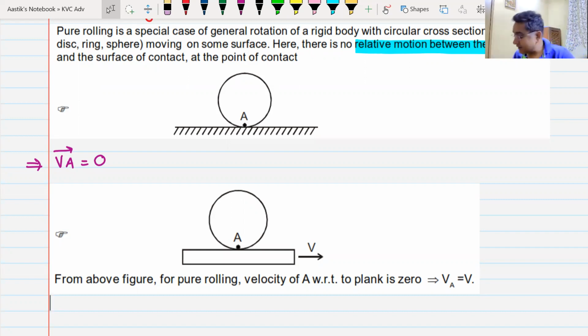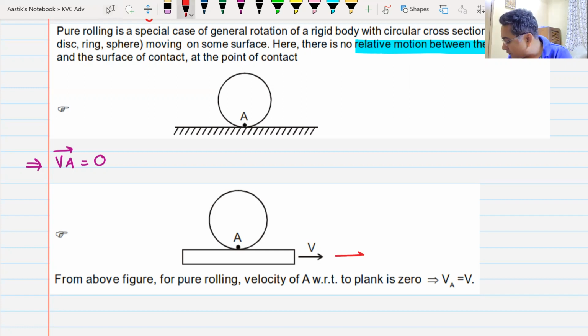Now, in this case, we had seen that if this body is moving with a velocity v, the velocity of the point A should also be equal to v. Yes or no? Yes, sir.